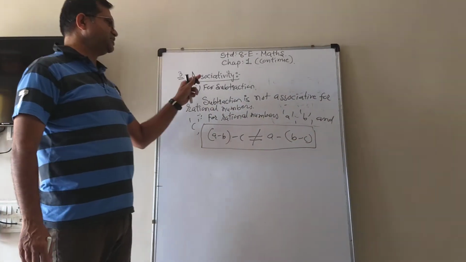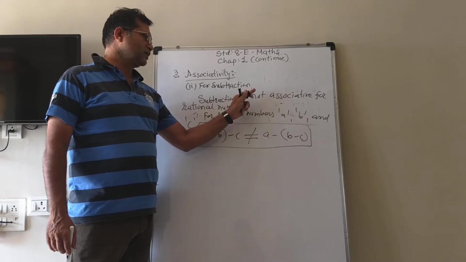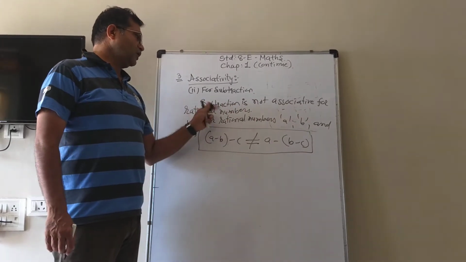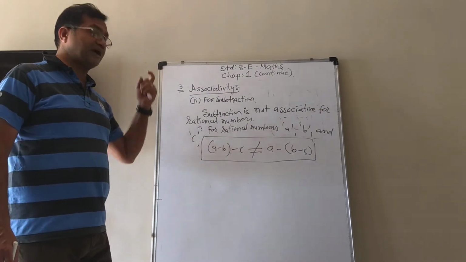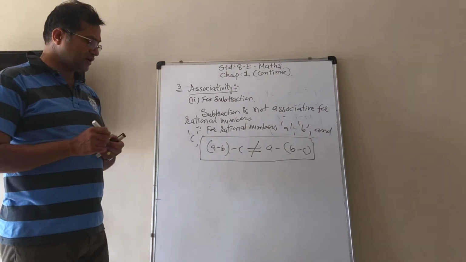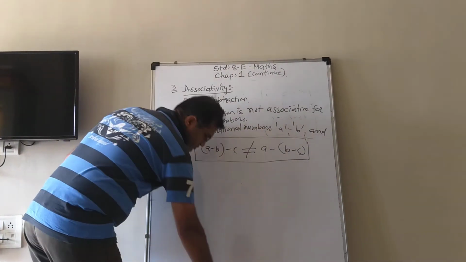So associativity does not help for the operation of subtraction. It was for addition but not for the subtraction.